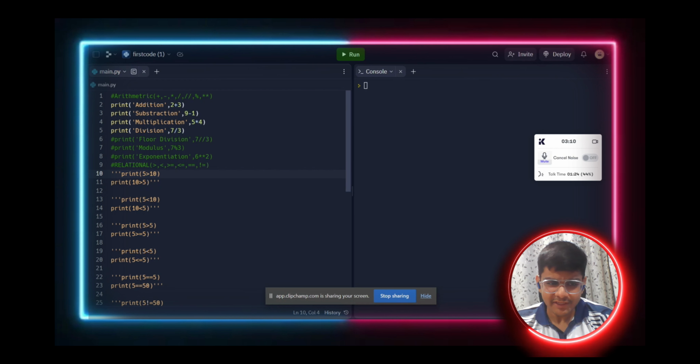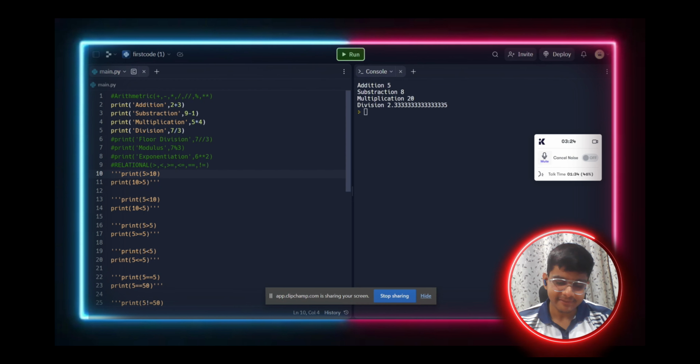You can also give three consecutive double quotes, but I have given single quotes. Double quotes may sometimes look inconvenient for the programmer or the user. So let's run the program. Print addition, subtraction, multiplication: obviously 5, 8, and 20.